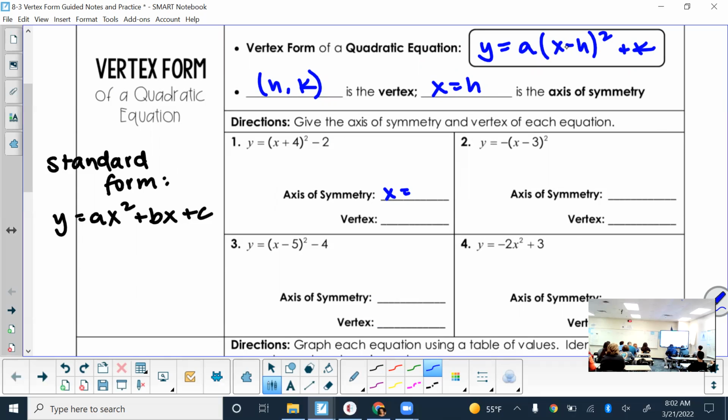So that means that it's going to be the opposite sign of whatever it shows you in the equation. So what number is in the h position? 4. But if I plug in just a positive 4, then it should look like x minus 4, shouldn't it? So what do I have to plug in to make that 4 become positive? Negative 4, good.